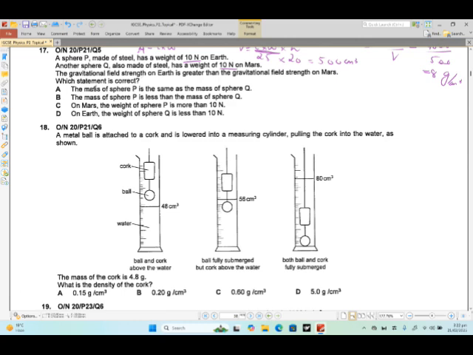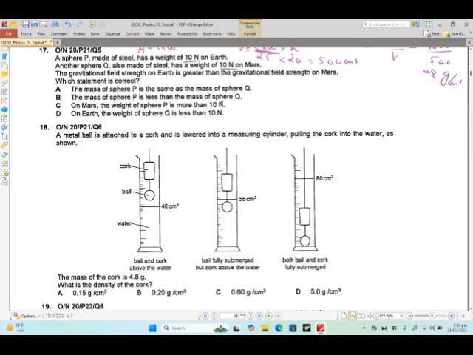The mass of sphere P is the same as the mass of the sphere Q. They haven't mentioned this anywhere. First we'll look at the options and then we'll find and discuss the answer. The mass of sphere P is less than the mass of sphere Q. On Mars, the weight of sphere P is more than 10 newtons. On Earth, the weight of sphere Q is less than 10 newtons.